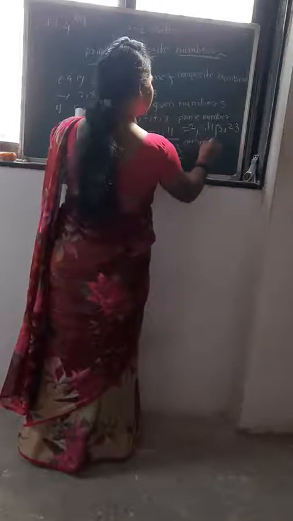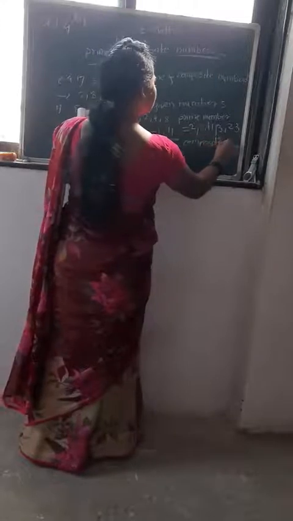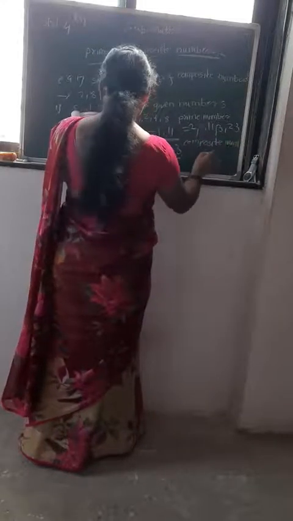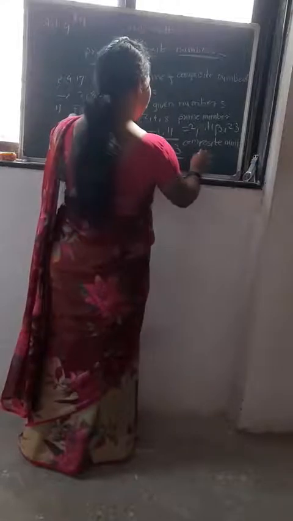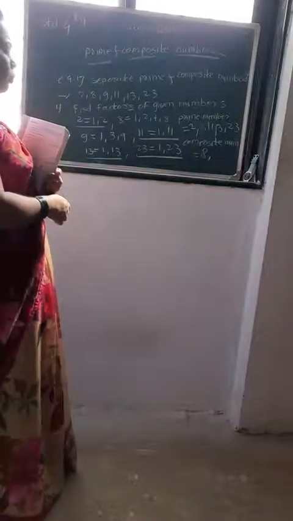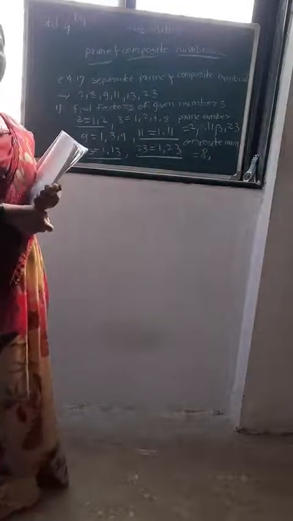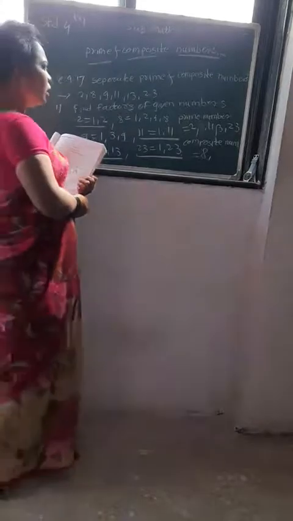Next, composite numbers. 8 has 4 factors. If a number has more than 2 factors, then it is called a composite number.